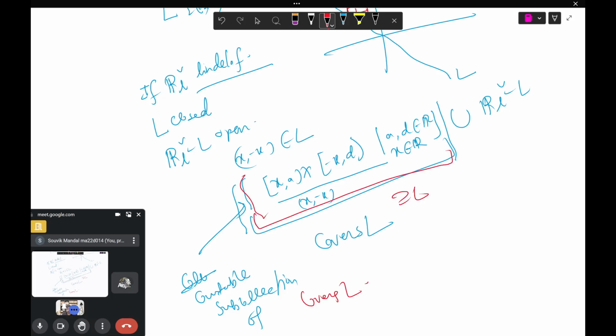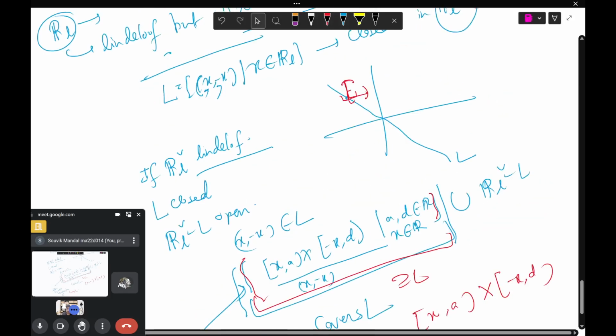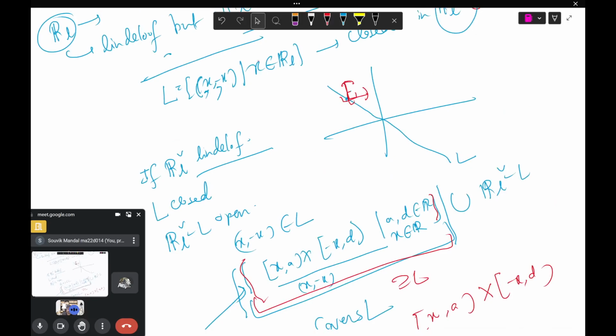But observe that these open sets, x comma a cross minus x comma d, intersect the line L at only one point, correct?